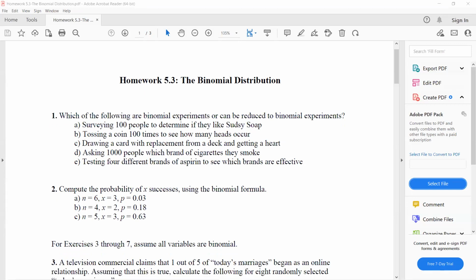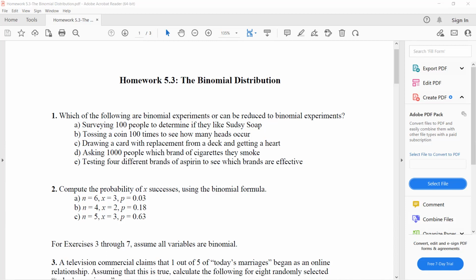I'll let her know because I don't know what's going on with that. 5 choose 3, probability is 0.63, raised to the third power.